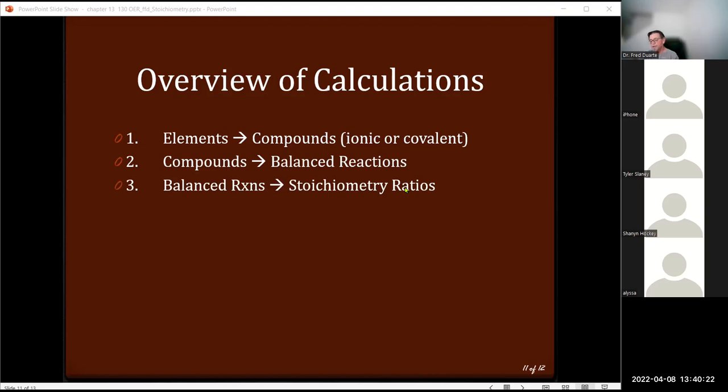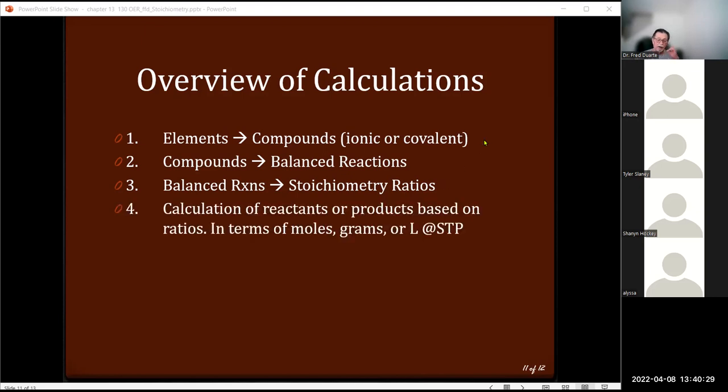So that gave us the stoichiometric ratios, okay? Based on these ratios and these balanced chemical reactions, we started doing calculations of how much reactants we need, or how much products are being generated, or if we need to calculate how much product we need to make, we use the balanced chemical equation to determine that.